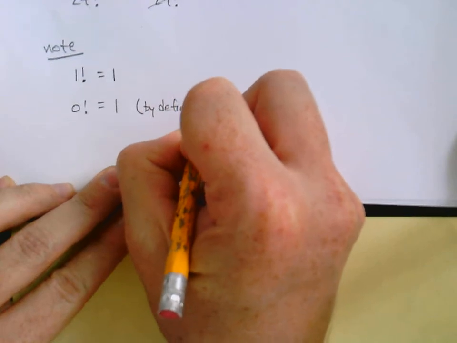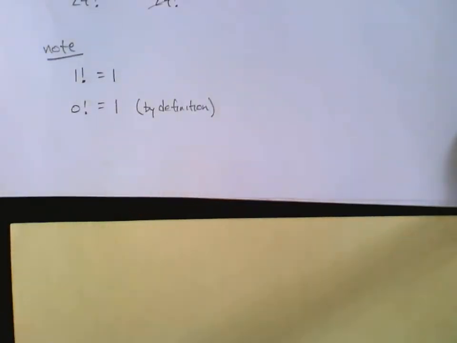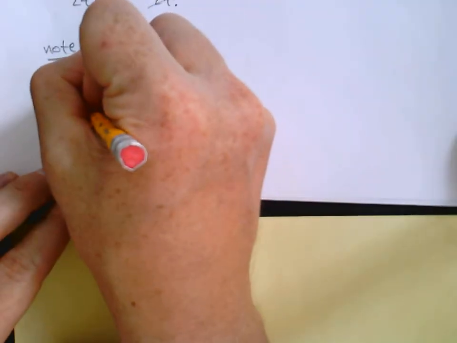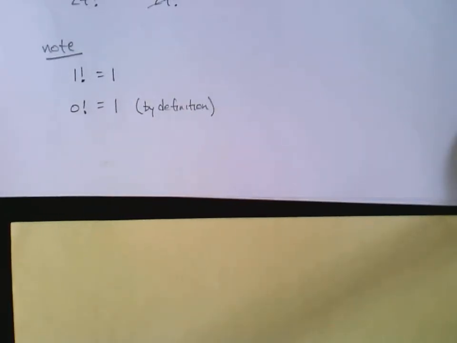It doesn't fit the pattern of the rest of the factorials. We say 0 factorial equals 1 by definition. So it breaks the pattern of the other factorials, and we're just going to say it always equals 1. The truth is, if 0 factorial did not equal 1, then all of math as we know it would come crashing down. So we're just going to go ahead and say that's true.